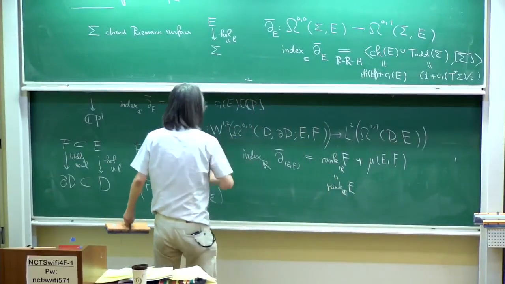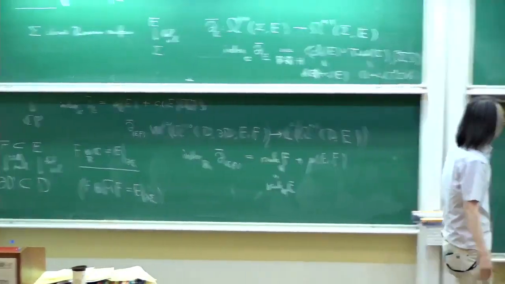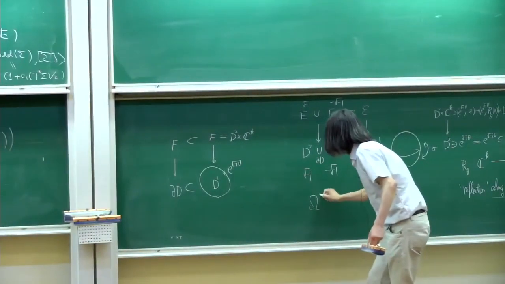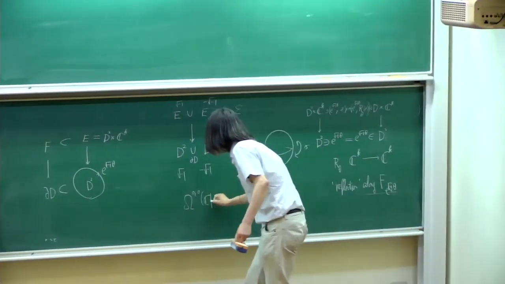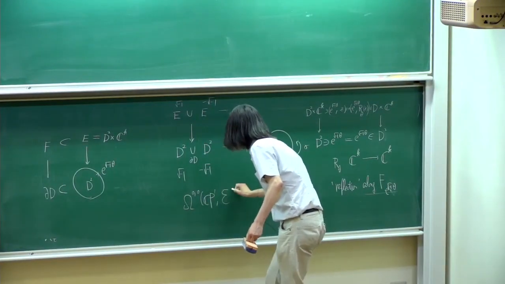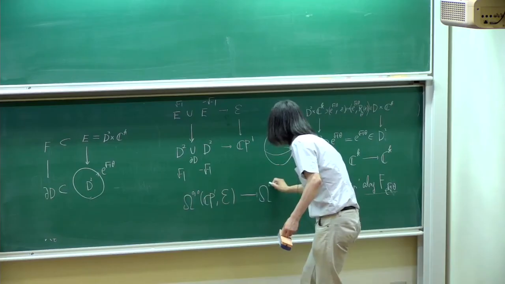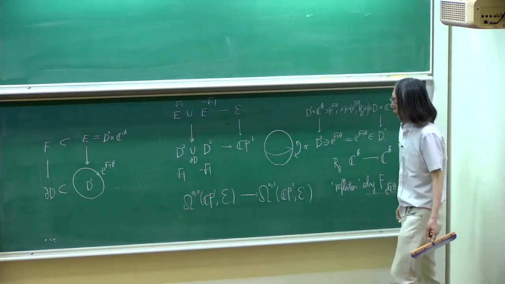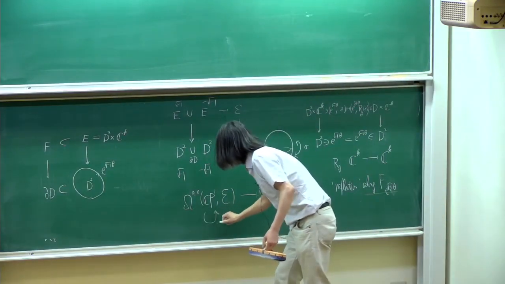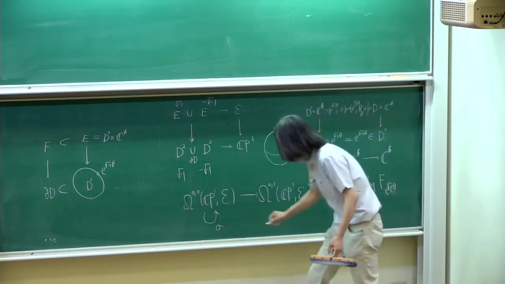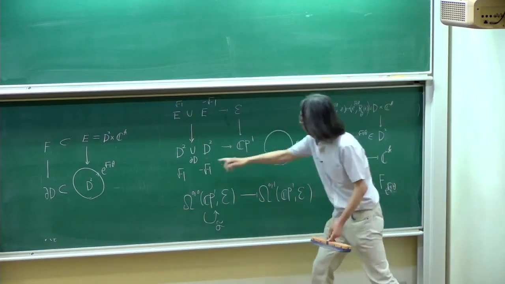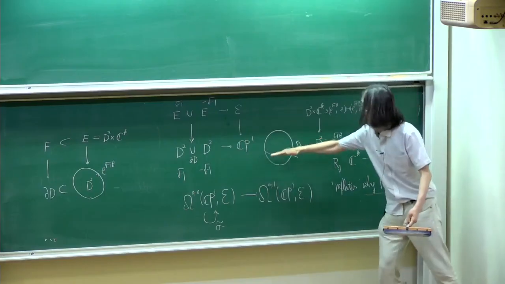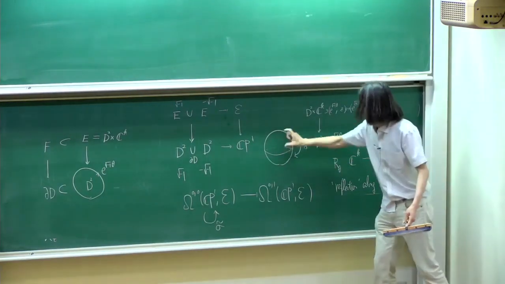This one can be understood the following way. Because here we have this sigma. So here I have this Omega^{0,0} of CP1 with E, and then here I have Omega^{0,1} of CP1 with E. And here is the involution, some sort of involution, sigma tilde maybe. So on the base space, sigma is this anti-holomorphic involution along this equator, right?